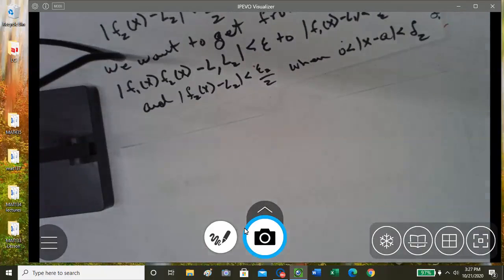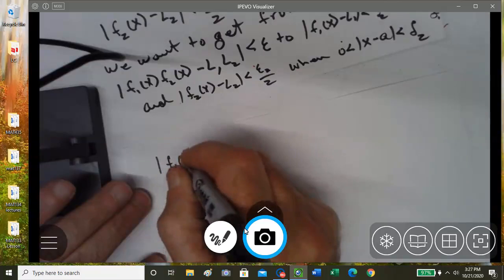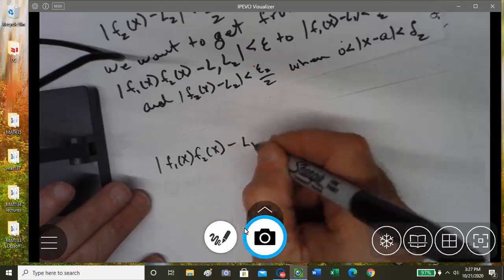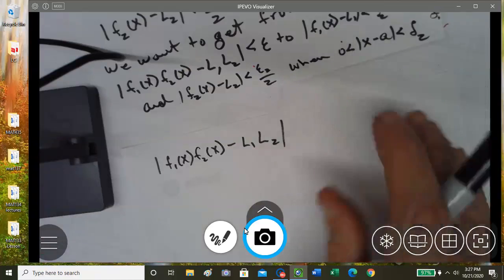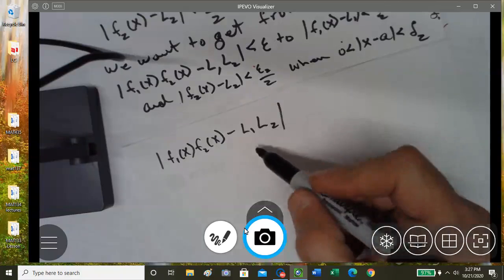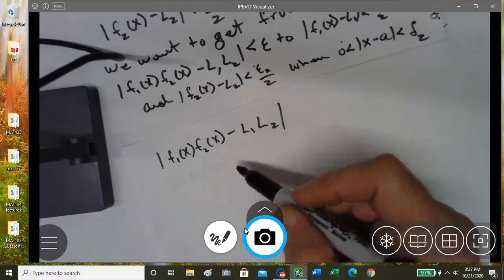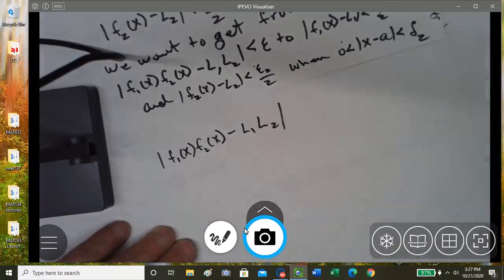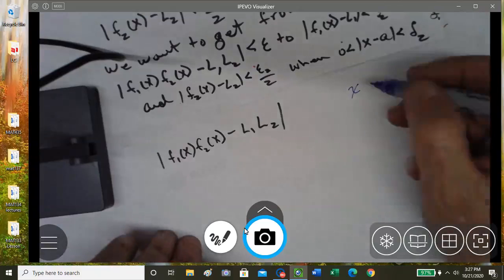So here we have our f1(x) f2(x) minus L1 times L2. Basically what we want to do here is factor this. The way we can do that is we know that x is x, right?